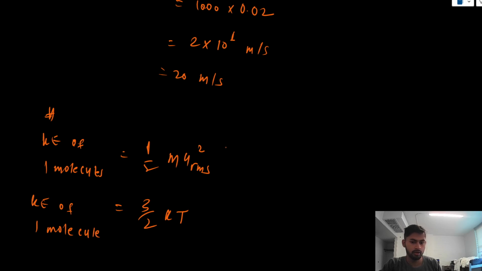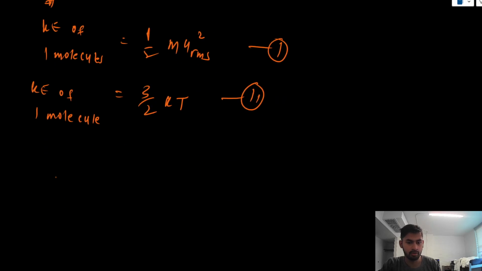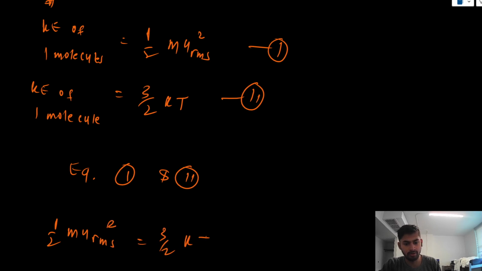So now, since we know URMS, the value of k, m, 1/2, 3/2, what we can do is equate equation 1 and 2, and we will have 1/2 m(u(rms)) squared equals 3/2 kT.